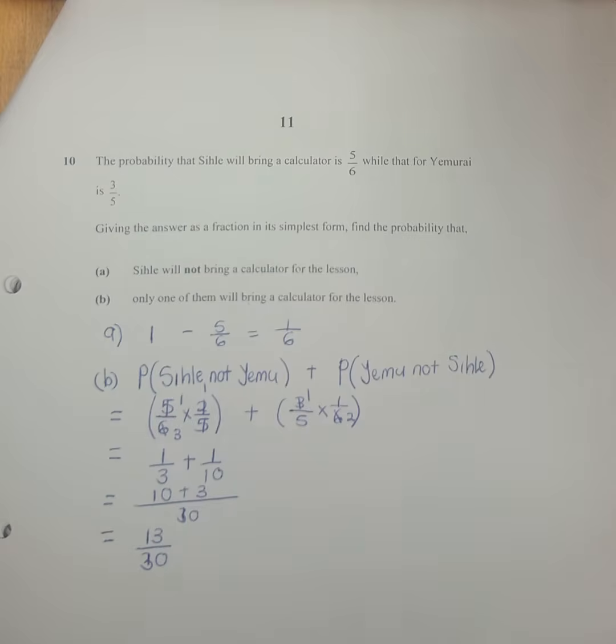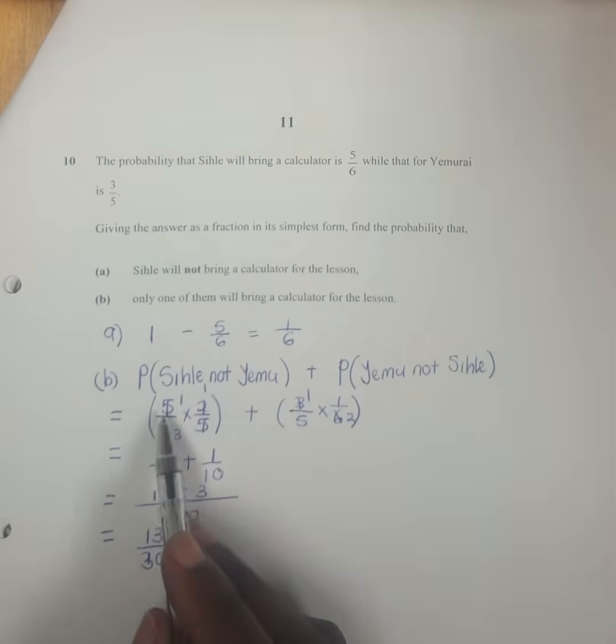And then the probability that only one of them will bring a calculator for the lesson. It is either Sihle will bring and Yemrai will not bring, or Yemrai is going to bring while Sihle is not going to bring. So we need to substitute the correct probability. Probability that Sihle will bring is 5/6.